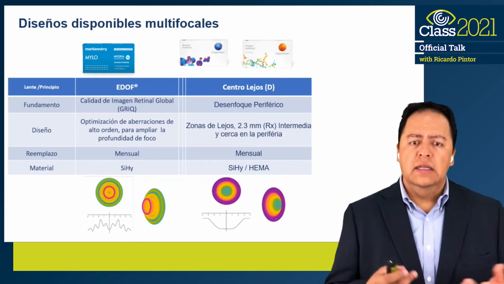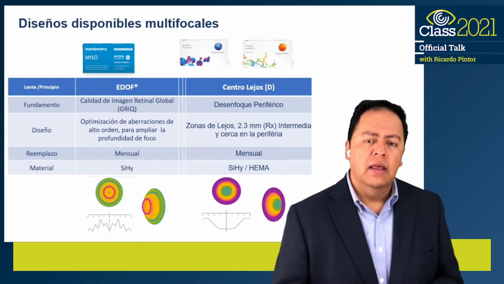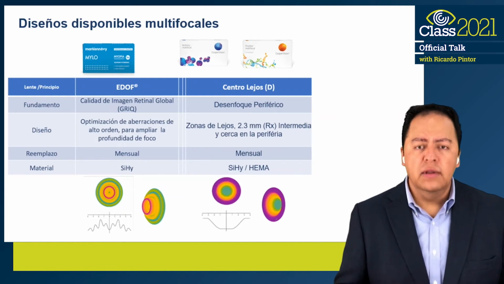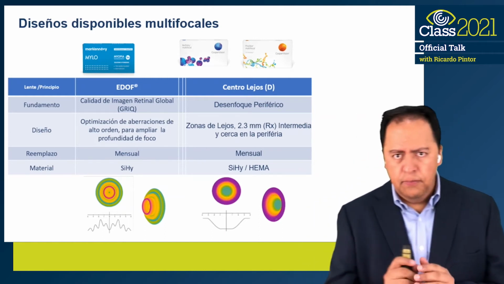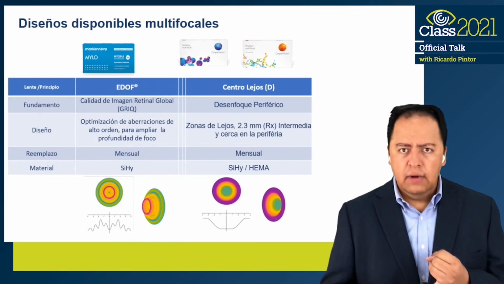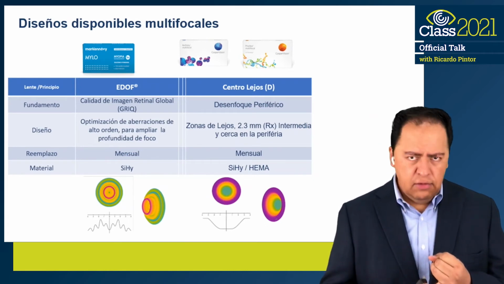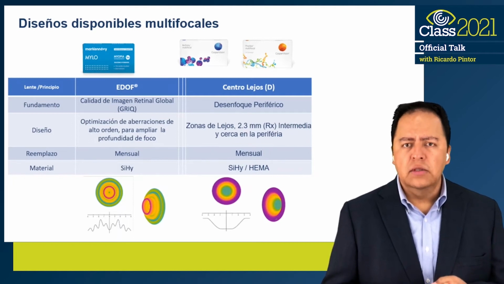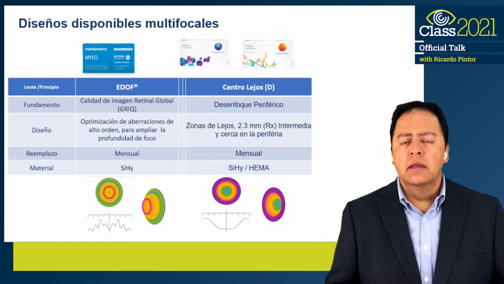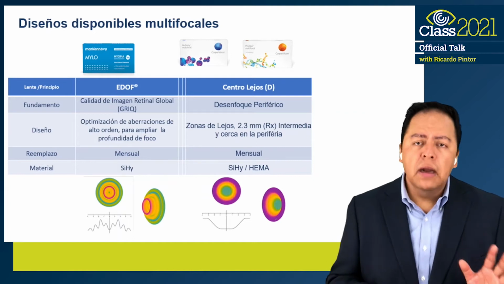I am asked a lot about the Biofinity and the Proclear multifocal options. It is important to clarify that they are multifocal contact lenses that are not approved for the control of myopia. They were not designed that way, they are multifocal.